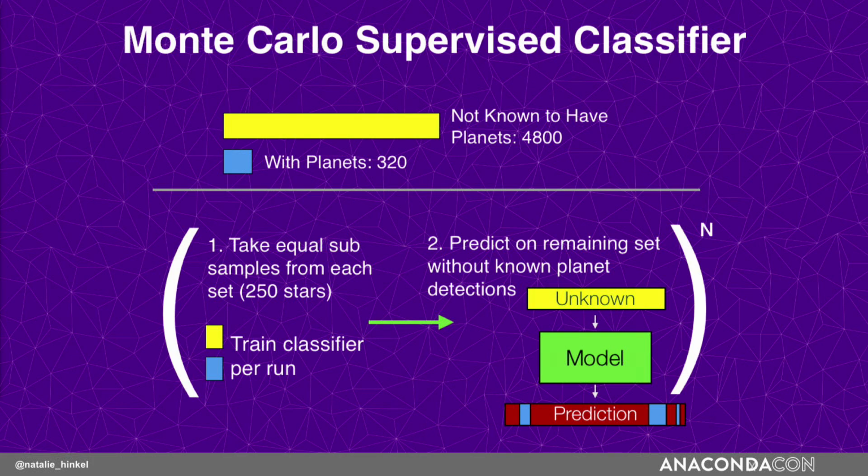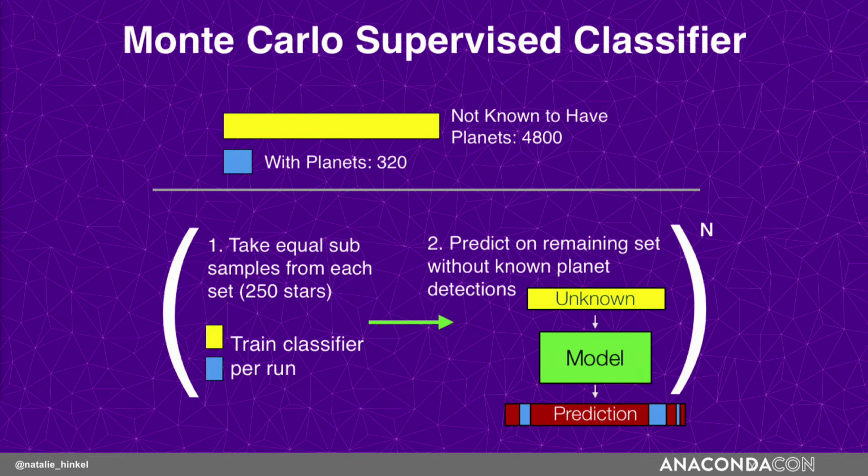And I sort of mention it because there is a difference between the different sample sizes that we have. The stars within Hypatia that we know have planets is a total of 320. But the stars without planets is 4,800. So I wanted to make sure we were comparing everything correctly. So what I ended up doing is essentially taking a scoop of each of the samples, comparing those, training the algorithm, and then applying it to the subsample of the stars not currently known to host planets.